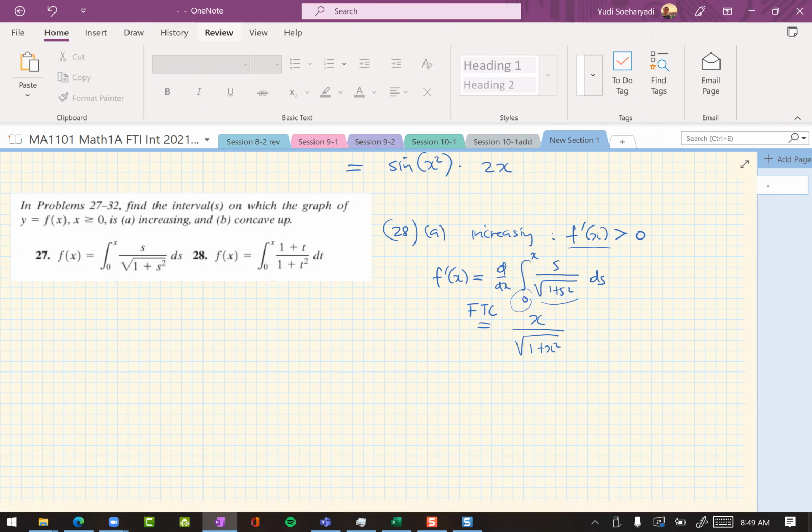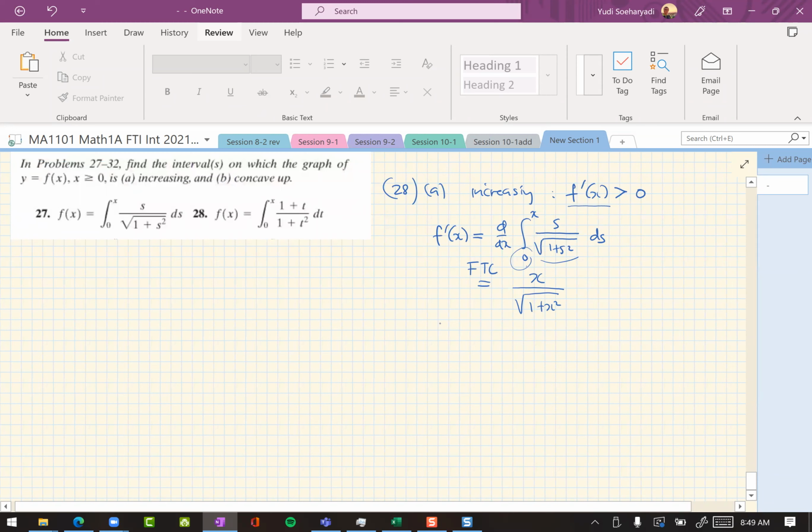Okay, so then let's do the sign chart for F prime. Okay. So this holds for any x actually, because this is 1 plus x squared. So this is always bigger than 1, at least 1. So the square root is always positive.